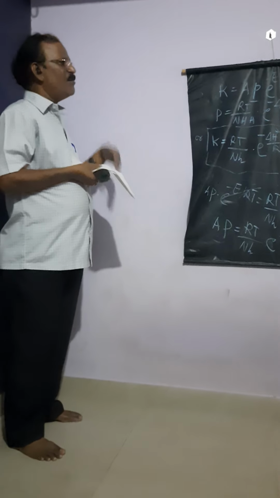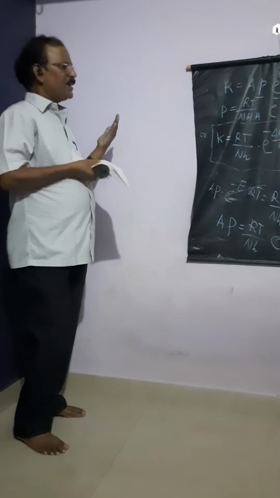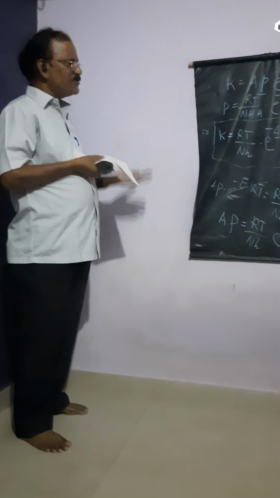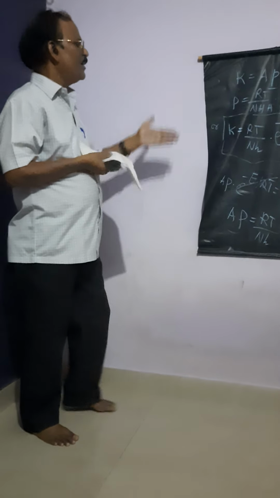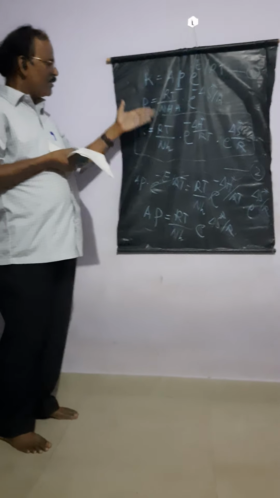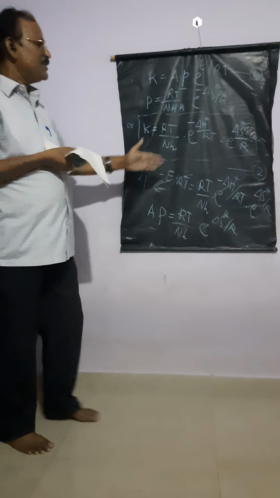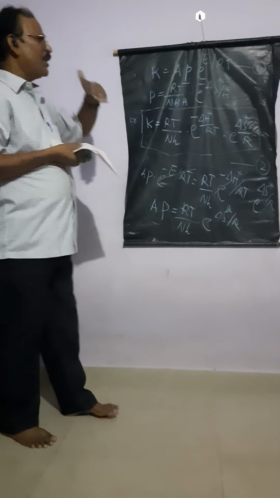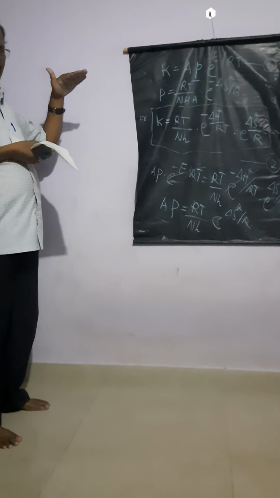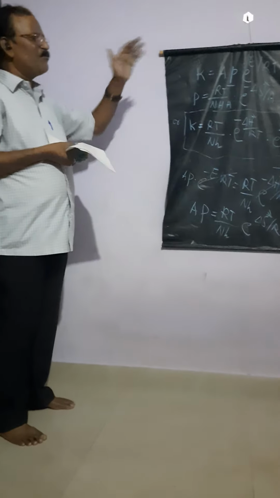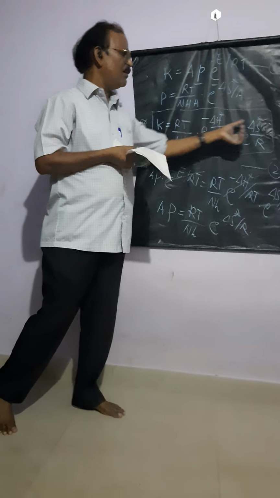If they ask for the mathematical expression for transition state theory, first you have to prove that the rate constant k is given by RT divided by Nh into K star. Then you can correlate the equilibrium constant K star with the thermodynamic quantities delta H star and delta S star.